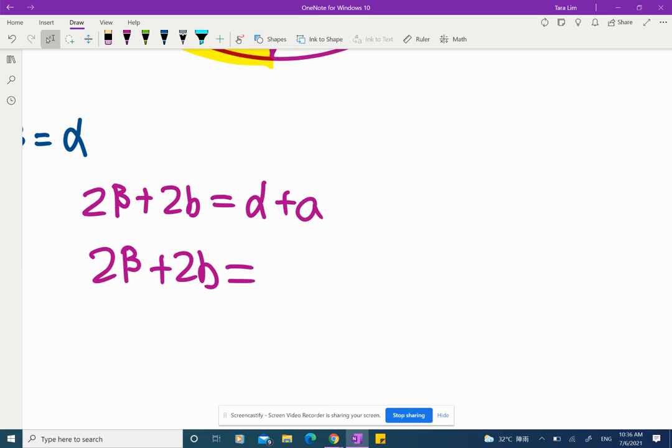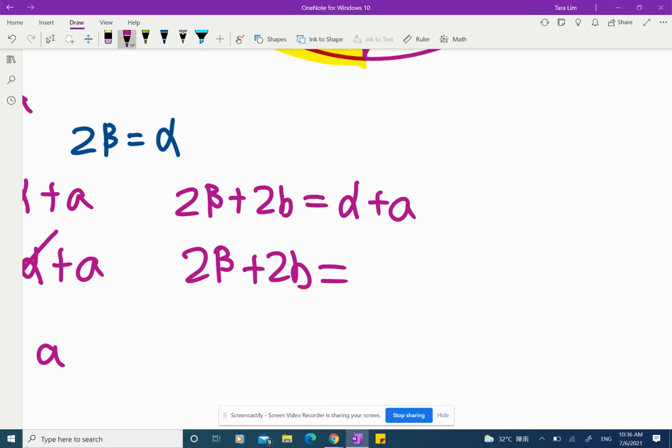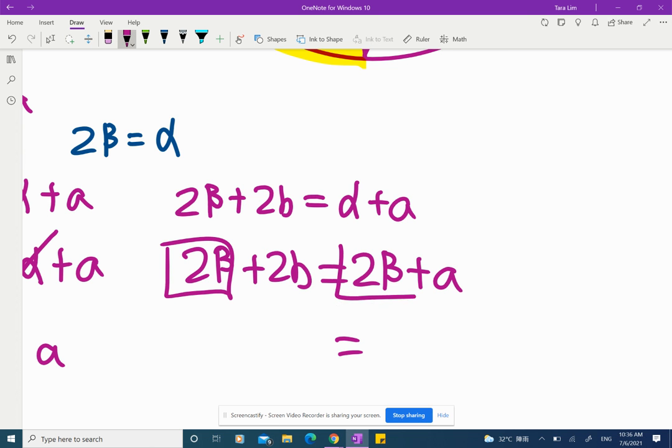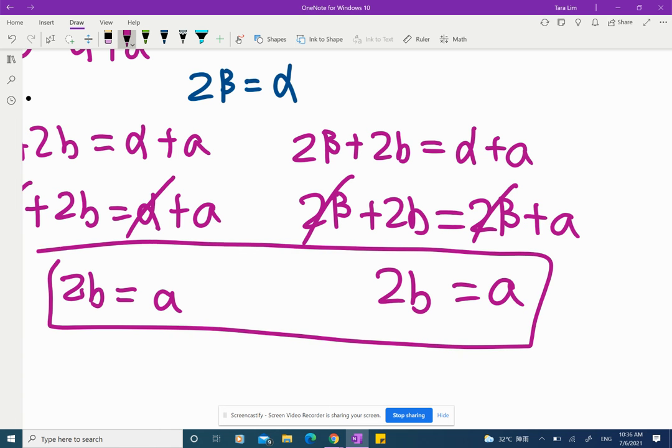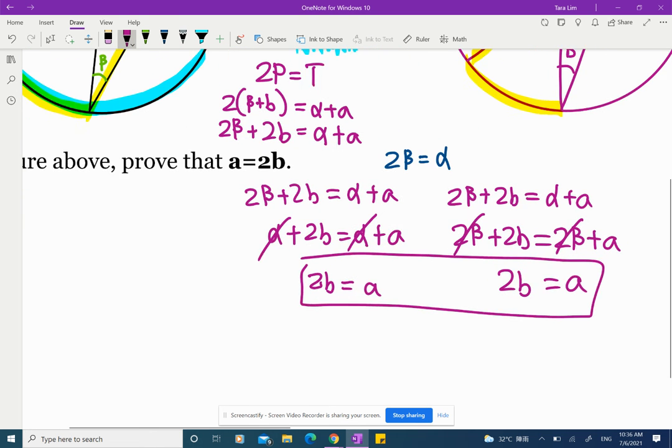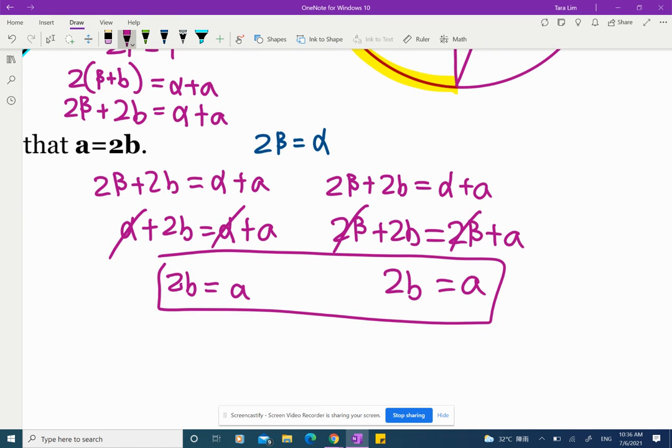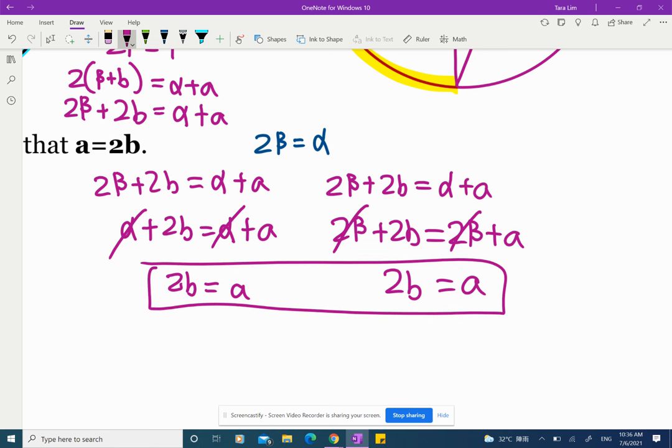So we know that 2 beta is equal to alpha. And we have alpha here, so that means it is 2 alpha plus A. Now again, we see something similar here. There's 2 of these. They're the same, so you can cross them out. That leaves us 2b is equal to A. So as you can see, they're the same. And have we proved that A is equal to 2b? Yes, we have proved that A is equal to 2b.